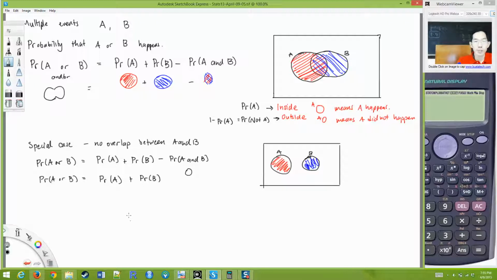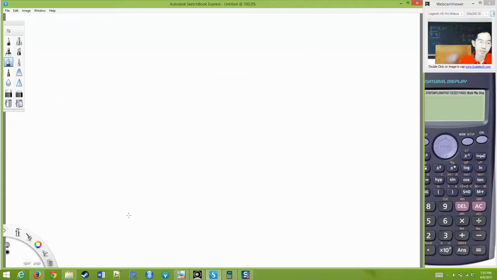We have simple events. Or I should say simple outcomes. Simple outcomes represent situations where each outcome has an equal probability, okay?